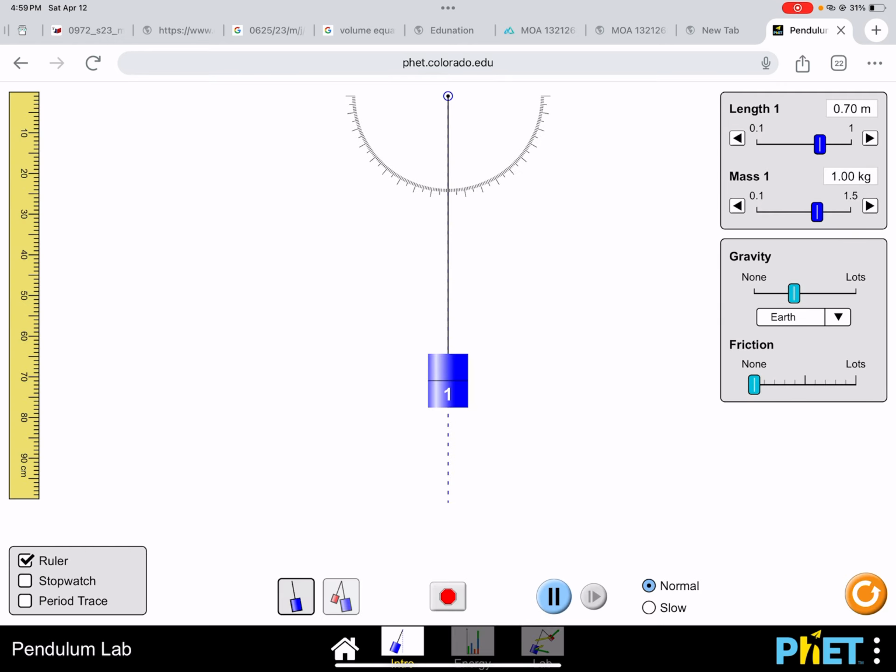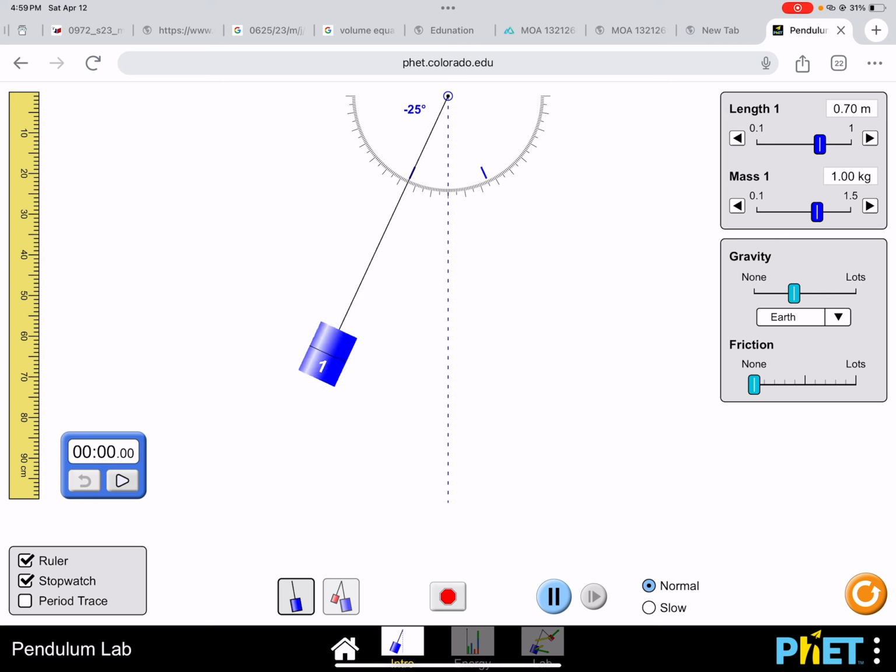What you're going to do is get the stopwatch, start it, and count: that's 1, and that's 2, 3, 4, 5, 6, there's 7, there's 8, there's 9, and 10.